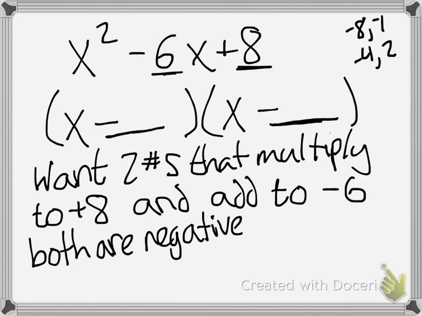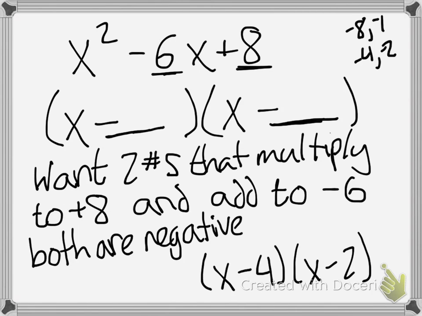Negative 8 and negative 1, negative 4 and negative 2, because I know I'm looking for a pair of negative numbers. If I take negative 8 and add negative 1, I have negative 9. That's not negative 6. If I take negative 4 and negative 2 and add them, I have negative 6. So I'm perfect. If I factor my polynomial, I'll get x minus 4 times x minus 2.